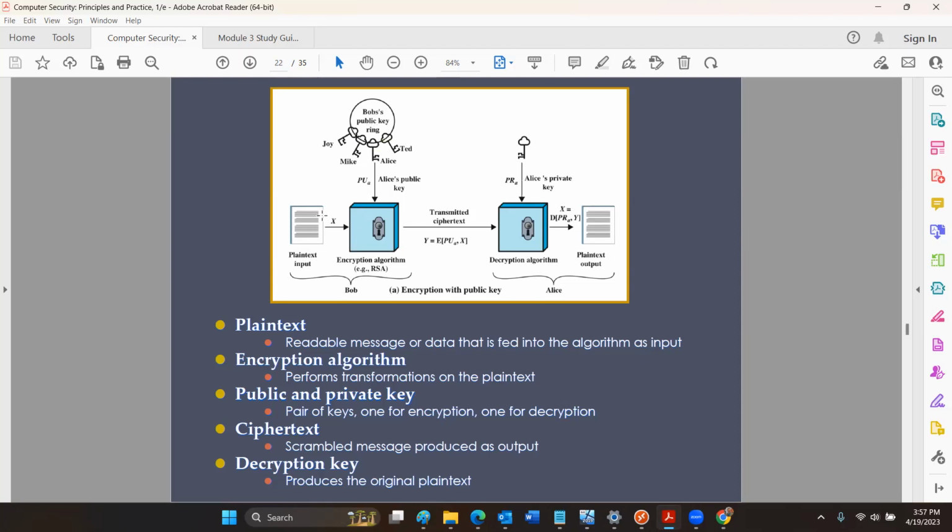So this is Bob over here, and this is Alice over here, right? And let's say that Bob needs to send something to Alice. What should Bob have to send something encrypted to Alice that Alice can read?